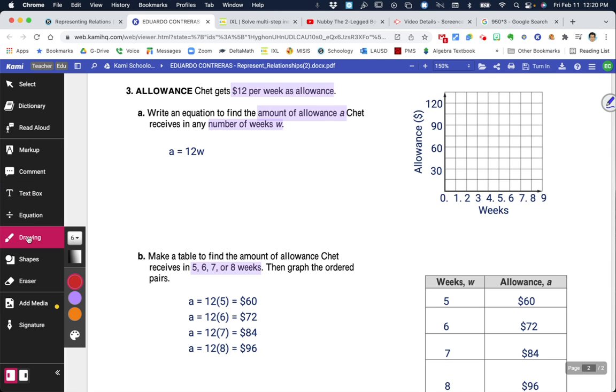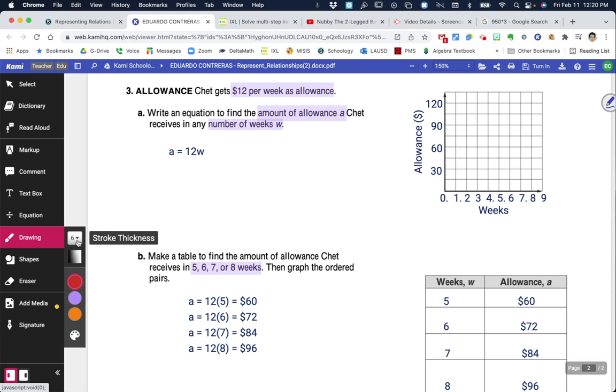Go to drawing, pick a color, nice bright color or something that would work. You're going to make dots, okay? So make sure the stroke thickness here is 6, or the 6 is perfect actually. Make sure it's 6, and the transparency should be all the way up to as dark as you can get it.